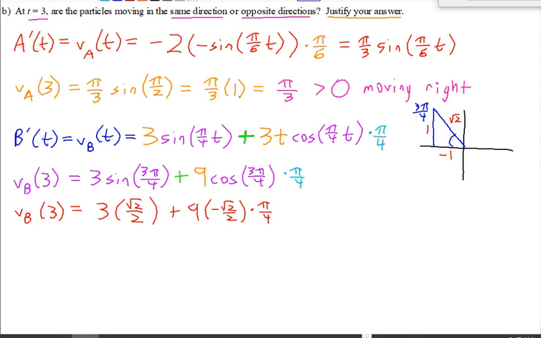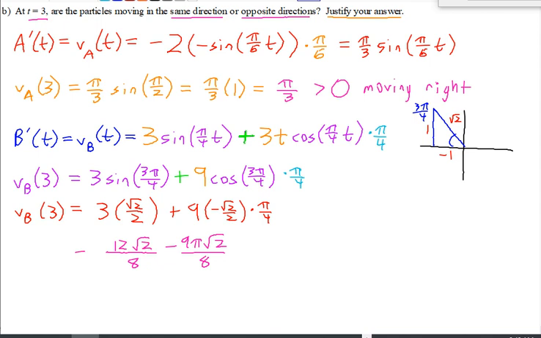So, let's simplify the second term first here. This will be negative, that's going to be 9 pi root 2 over 8. And to make it easier to get a common denominator, to see if it's positive, I'm going to multiply by 4 over 4, so this becomes 8 on the denominator also. And that would give you 12 root 2.